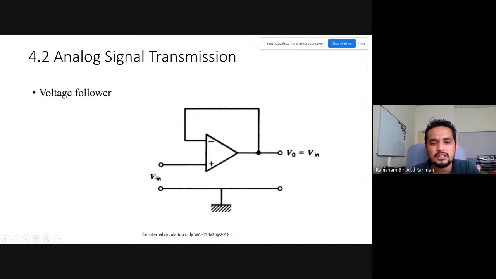Why do we call it a voltage follower? Because V out will follow whatever V in is. So if we plug in 5 volts here, the value of the output will also remain as 5 volts. That's why it's called a voltage follower. It just follows whatever is supplied at the input side.